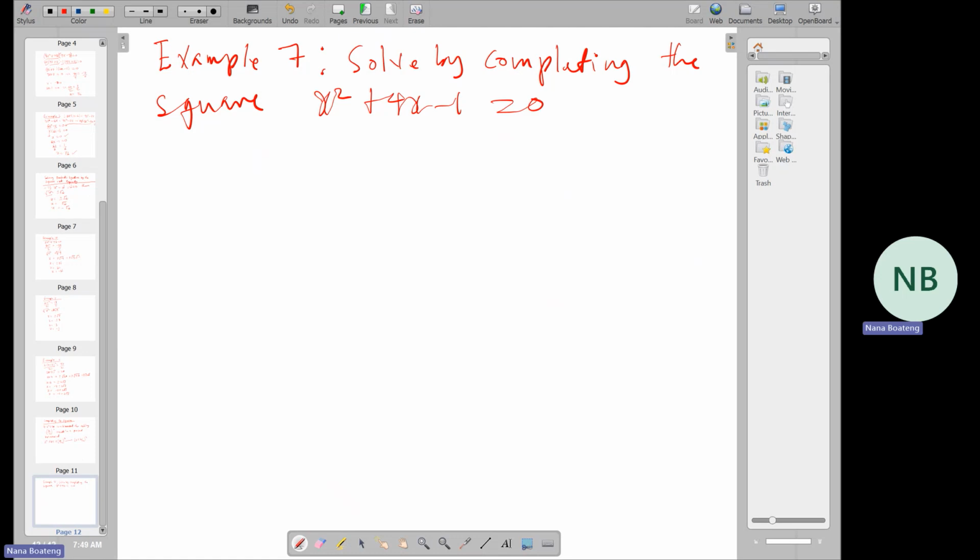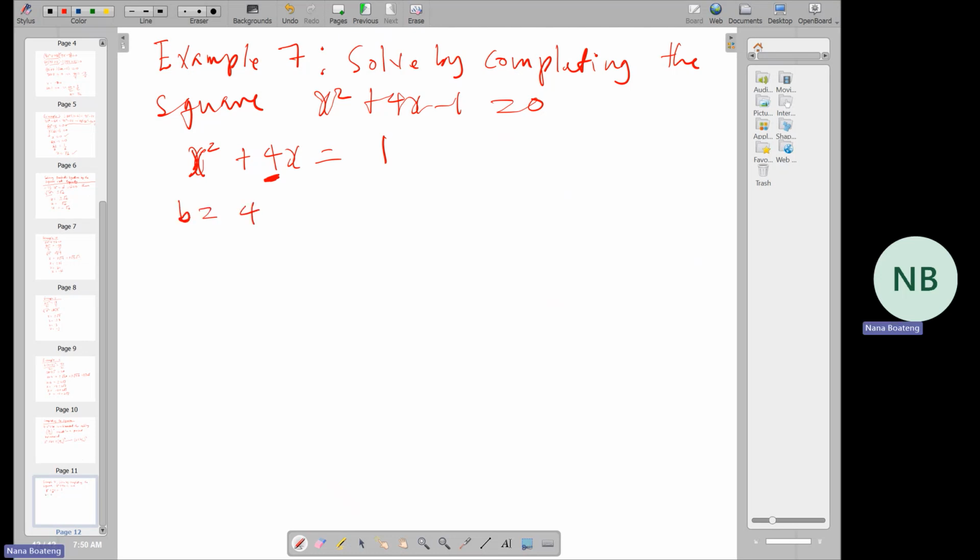All right, so the first step is we have to get a binomial on the left hand side. That means we have to add 1 on both sides. So we have x squared plus 4x is equal to 1. Our b, from comparing this to the standard form, is the number in front of the x, so b is equal to 4.